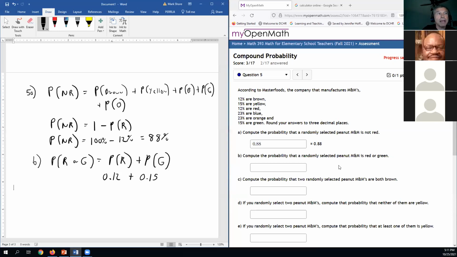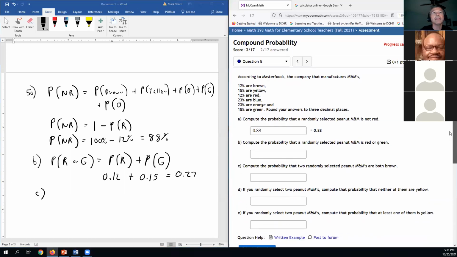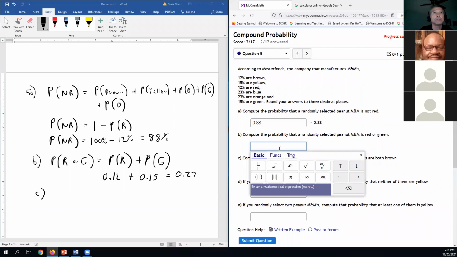Well, in this one, we don't have to worry about counting any twice because there's no such thing as a red-green M&M, one that gets counted once because it's red and it's also green on the other side or something like that. So there's nothing to worry about with this. This is an easier problem, so you just add these up and you get 0.27, and that would be the answer to part B.